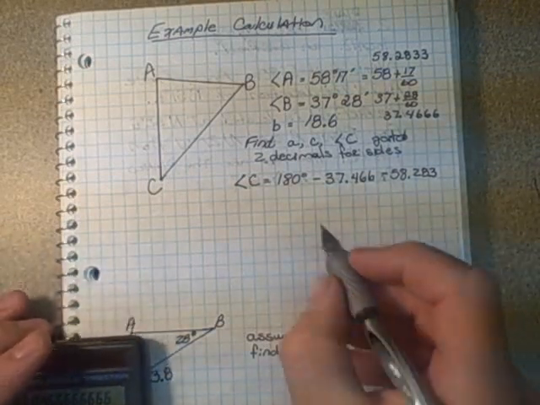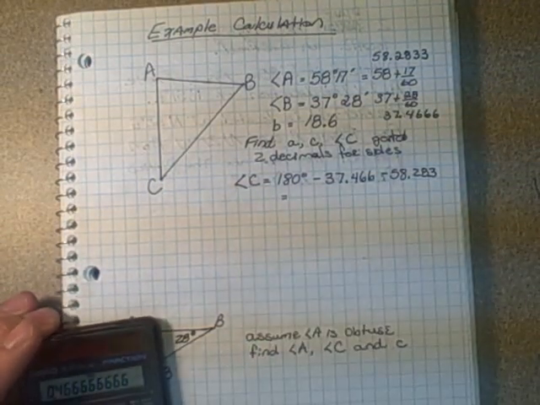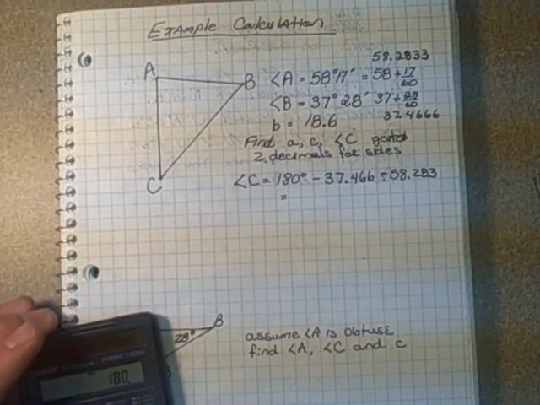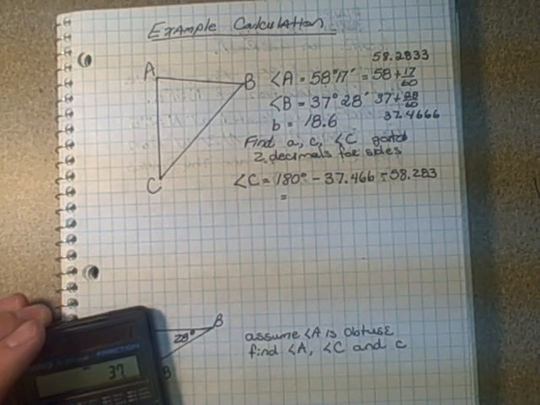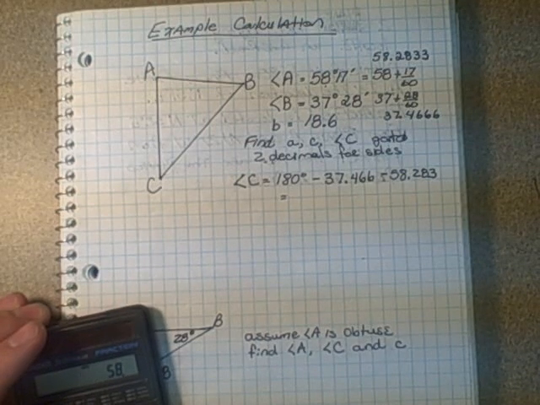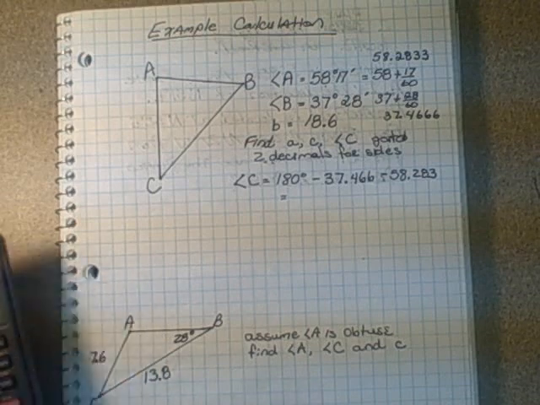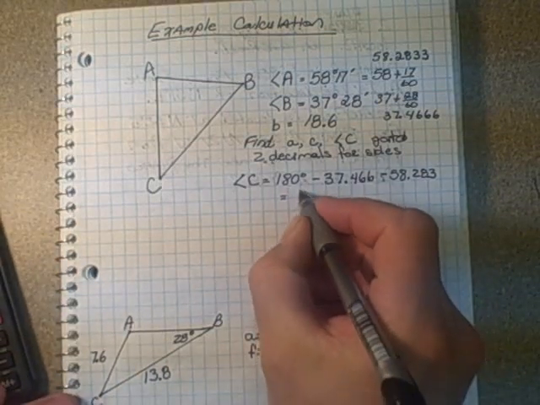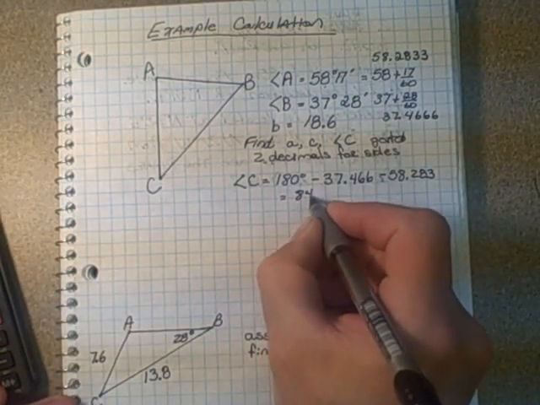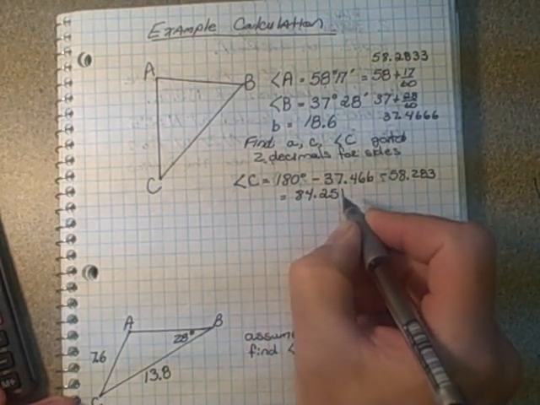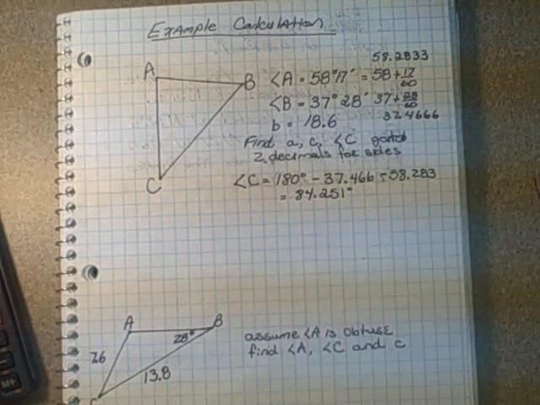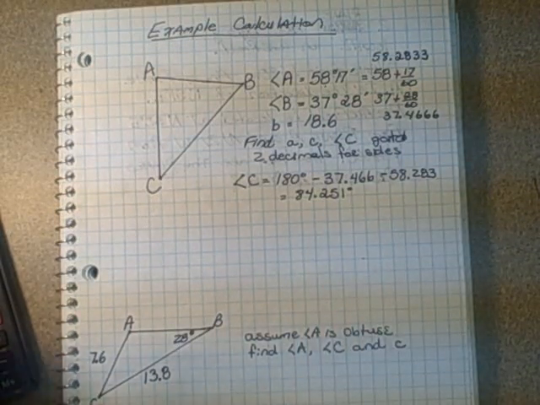So if we plug that into our calculator, 180 degrees, subtract 37.466, subtract 58.283 equals 84.251 degrees. That's more than accurate enough for us to work with.